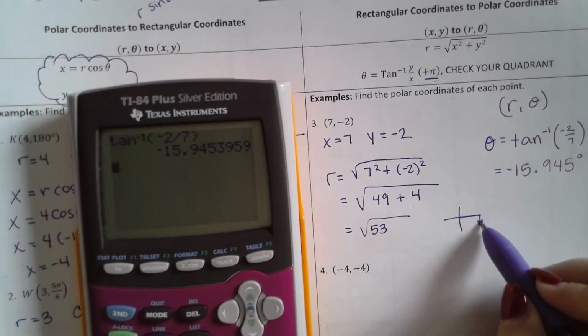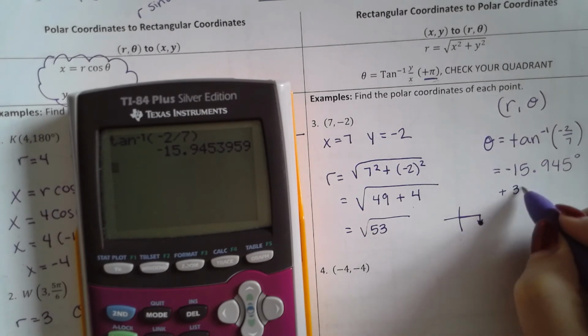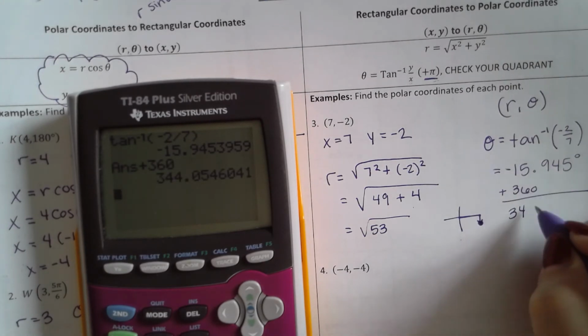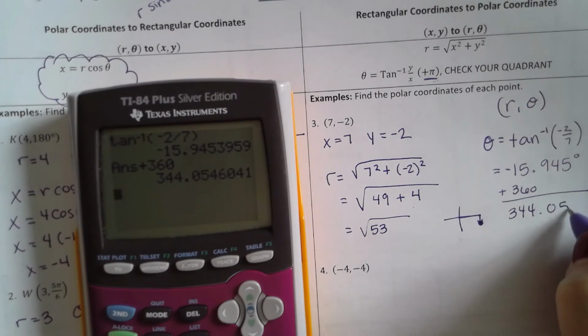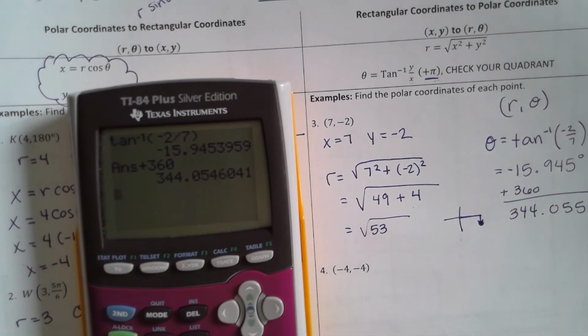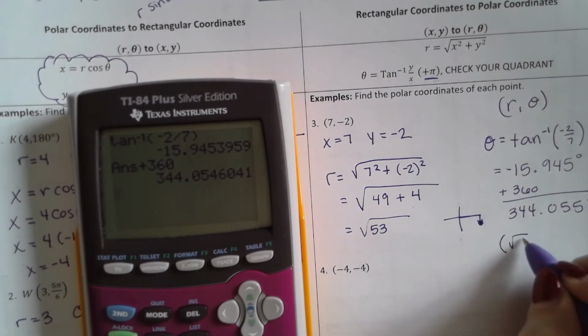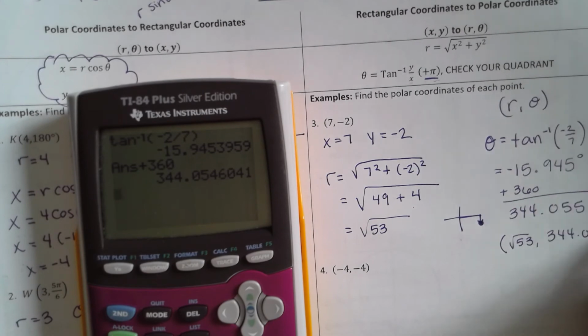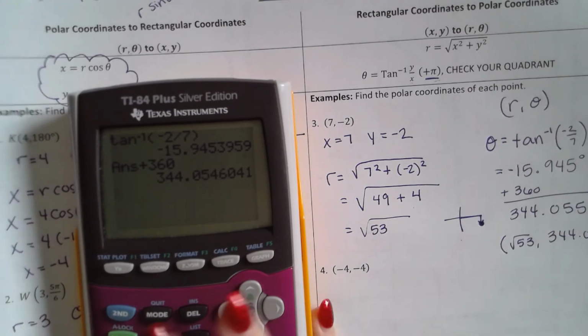So if I want to stay in this quadrant, but I want the positive angle, I'm going to add 360. Okay, so we've got root 53, comma 344.055 degrees.